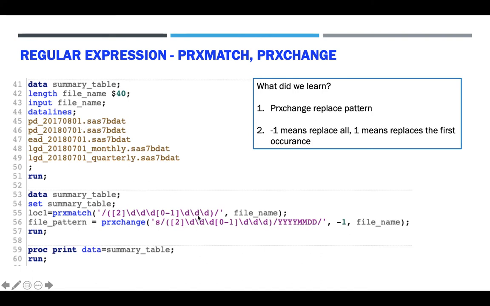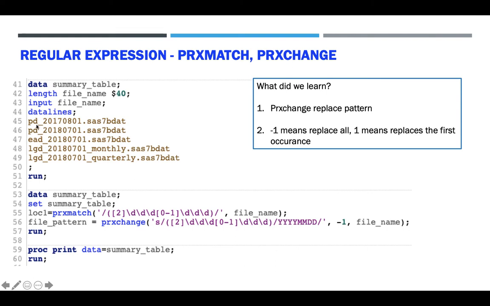Alternatively, I can put 0 to 3 here, because the day can start with 0, 1, 2, or 3, right? But I didn't get into too much detail on that. So this will help you identify the pattern, and what it returns is the digit position.